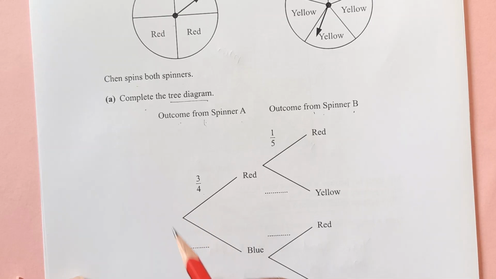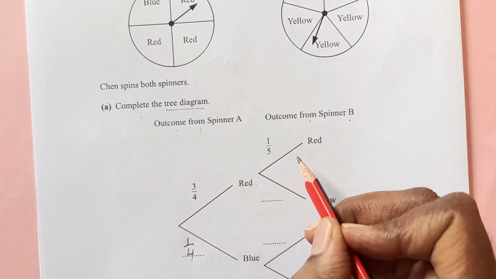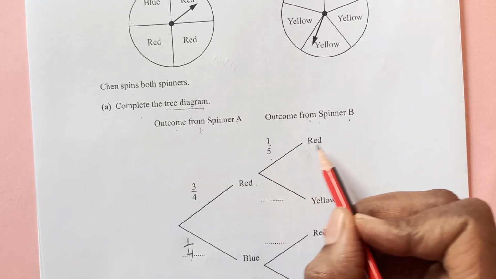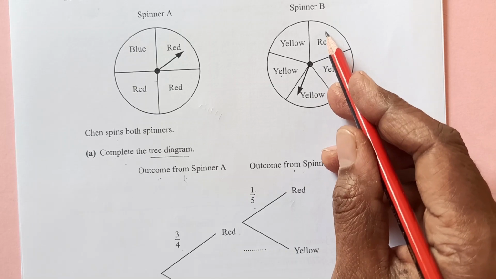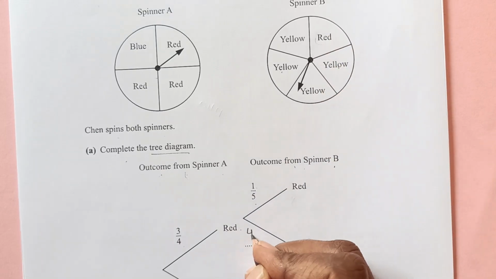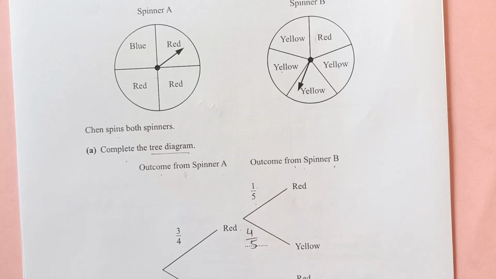So if this is 3/4, this is going to be 1/4, right? And then for red, 1/5 for spinner B. So 1, 2, 3, 4, 5 sections there. So if this is 1/5, this is going to be 4/5. So both of them, when you add, should be 1, right?